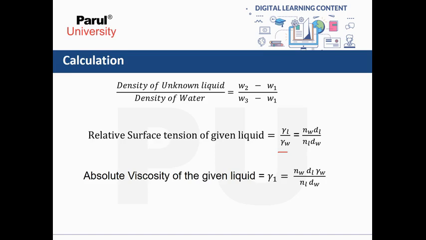And the surface tension can be found out by rearranging the terms of the coefficient of surface tension of water. So the equation becomes gamma L is equal to NW DL gamma W upon NL DW.